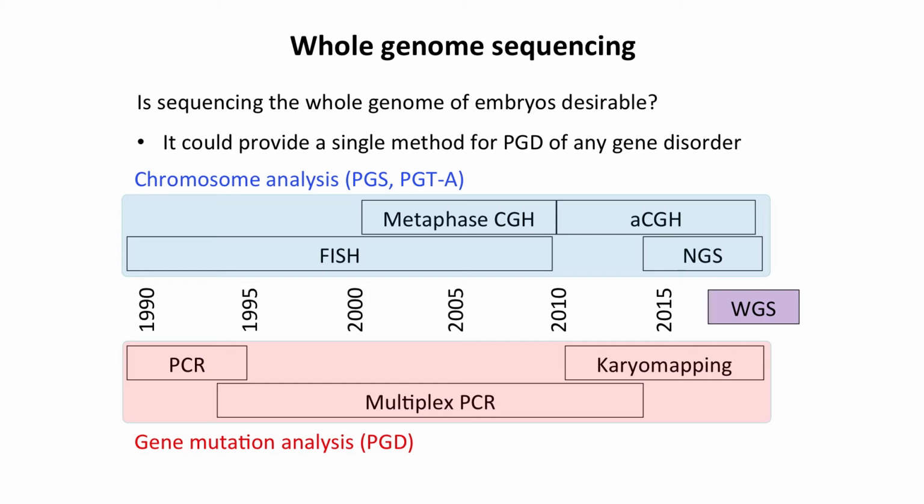Karyomapping came in, and then we've got the next generation sequencing. But really these two methodologies are targeted at different questions and don't overlap that much. The possibility is that if you did do whole genome sequencing of embryos, you would have a single protocol that delivered both things simultaneously. So that could be desirable.